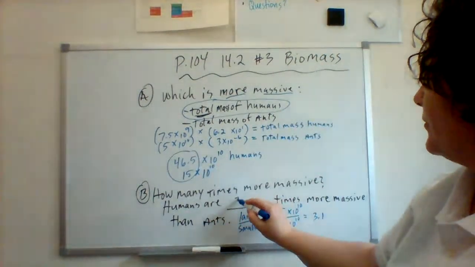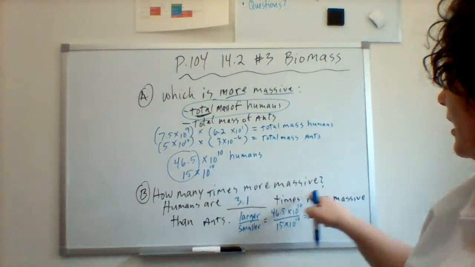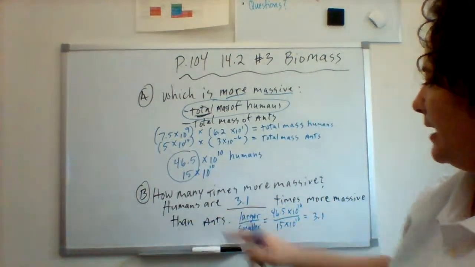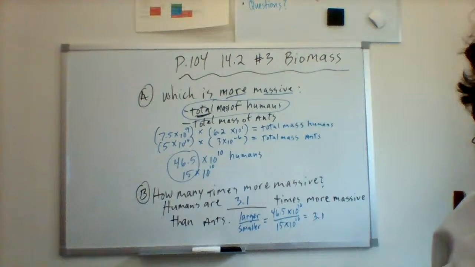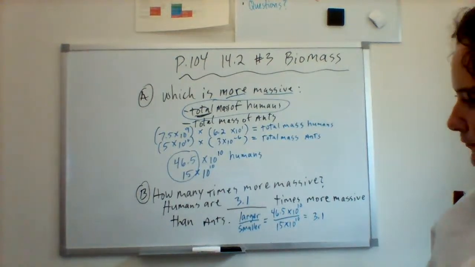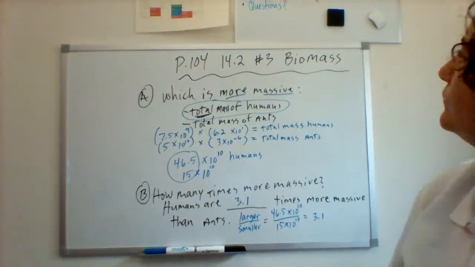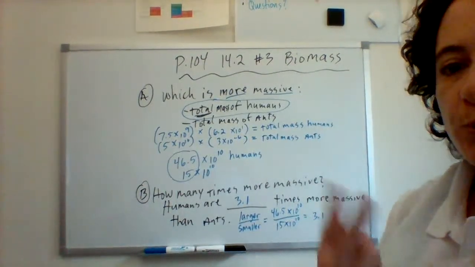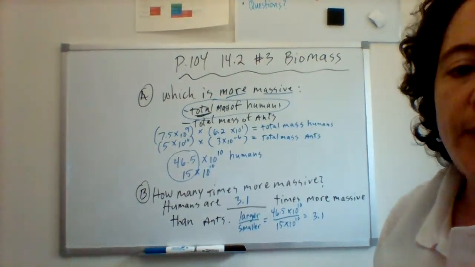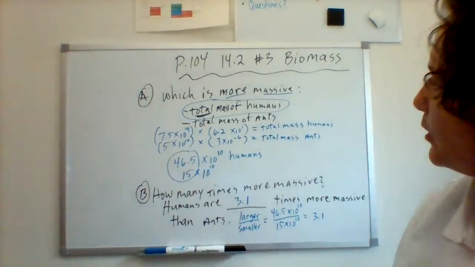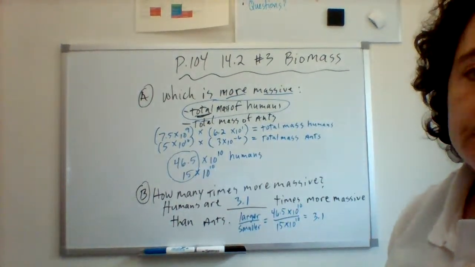Humans are 3.1 times more massive than ants. Okay, that's 2 problems done on our review. We have a total of 8 to do. Any questions on that problem at all?